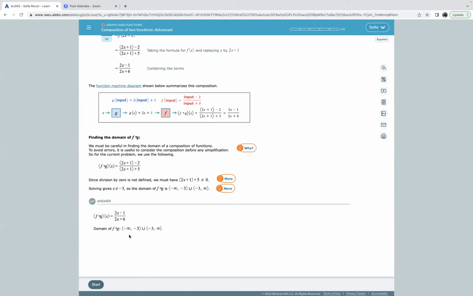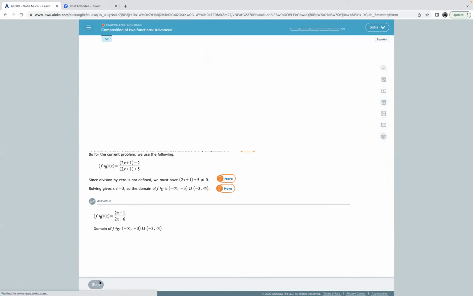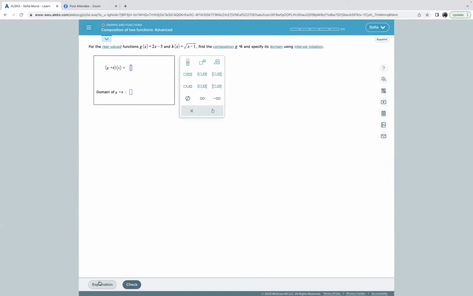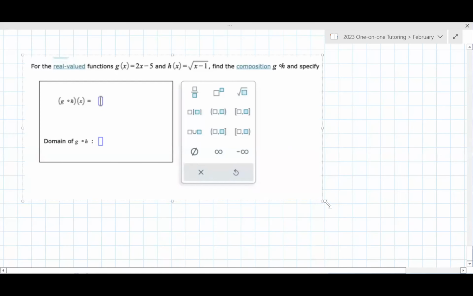Okay, let's do this one. All right, so it's loading up here.